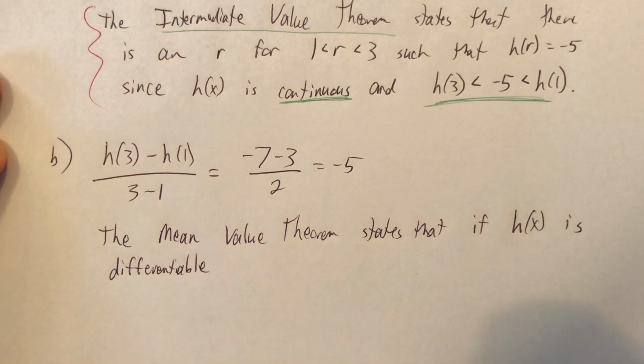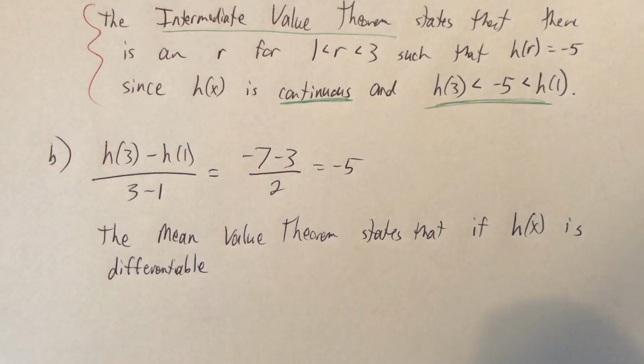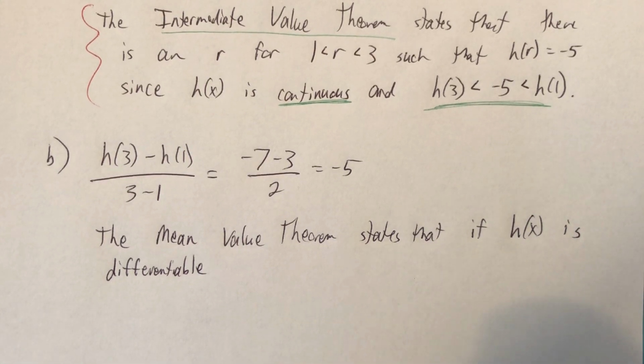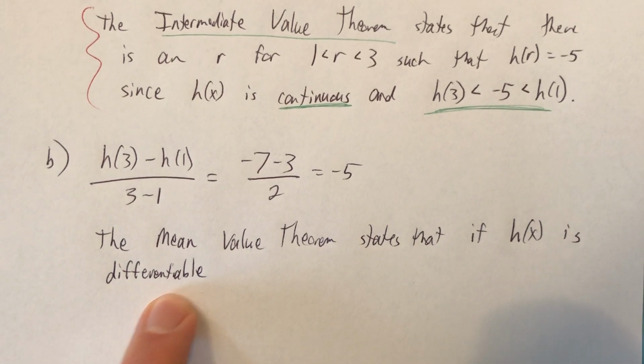Okay, now I'm going to pause right here. On the answer key, they said continuous and differentiable, and on mine, I just put differentiable. Differentiability implies continuity. I personally feel like that is sufficient, but I'm going to go a little further and be super meticulous with what they put.